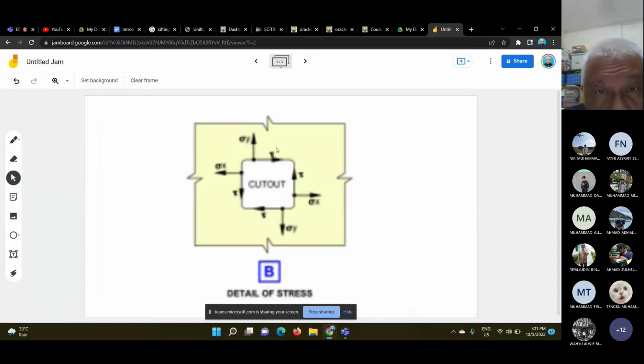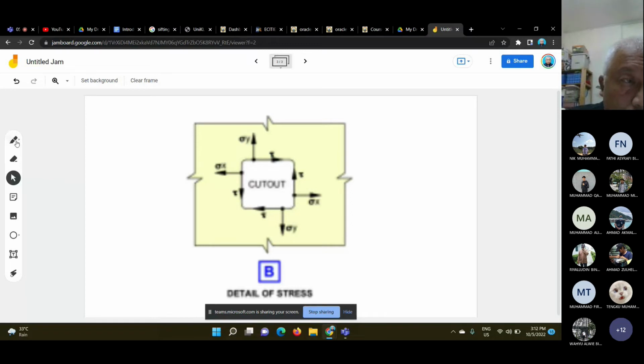So we have shear, tension, tension, tension, tension. So that is how the loading is on the cutout. Sigma here is stress, tau here is stress. So from the load we have stress: tensile stress on each side of the cutout, and also along the cutout we have shear, and this we have to tackle.